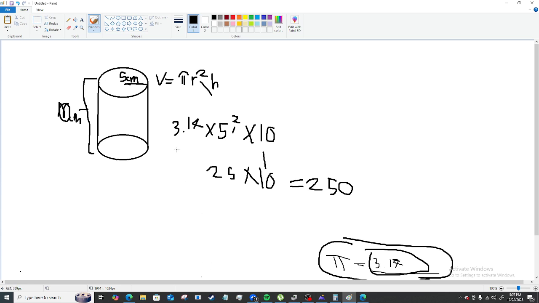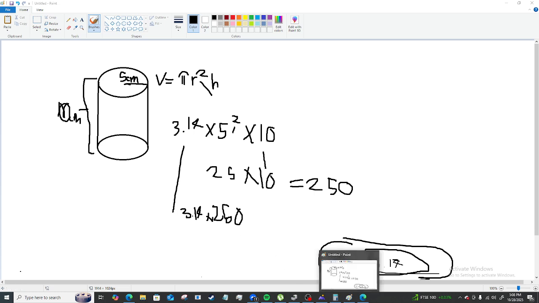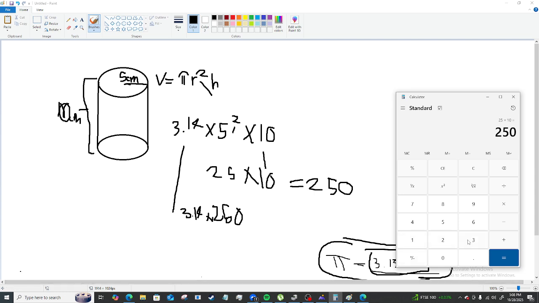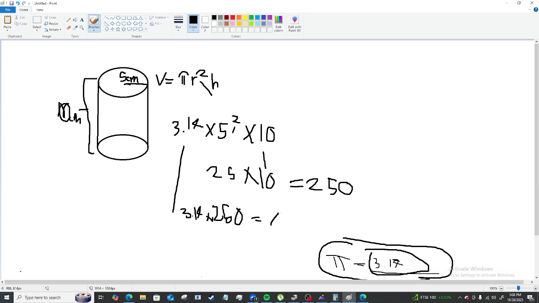Now let's solve it. 3.14 times 250. 785 centimeters cubed.